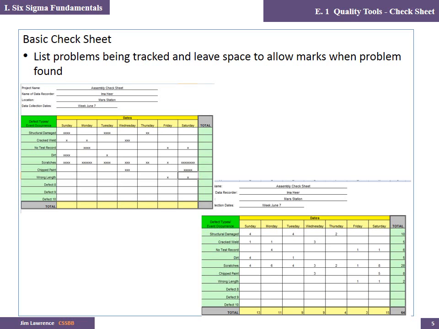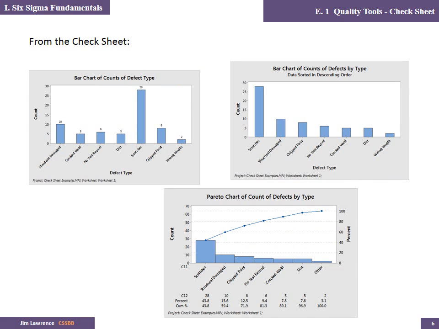And then in the other view there, they're simply summed to their numerical totals. So we can see that immediately scratches is the number one occurrence by count of frequency of the types of defects being monitored.